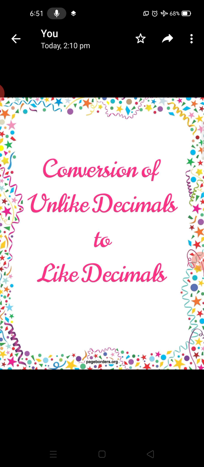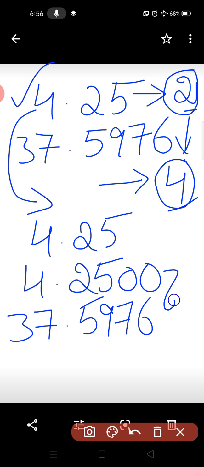So now I am taking the first number, 4.25. By adding 2 zeros to the right of the decimal part, or fractional part, it becomes 4.2500. Now the second number is 37.5976. Now these both are like decimals.